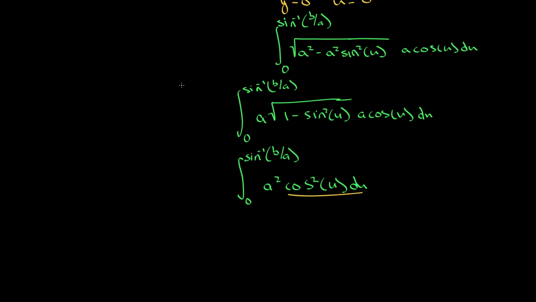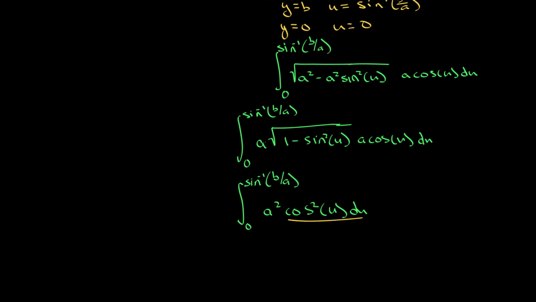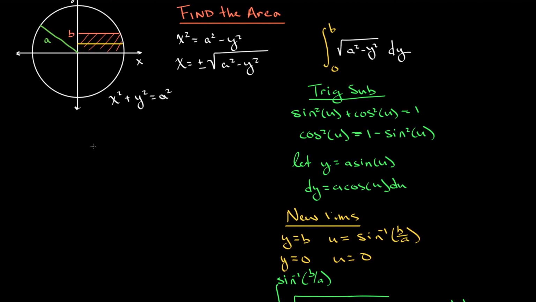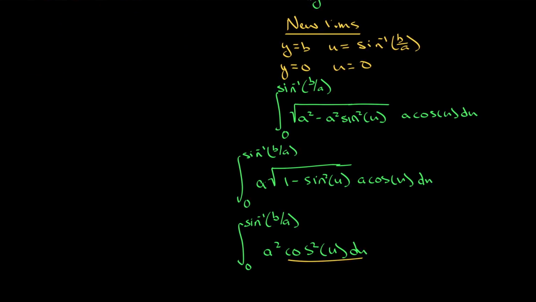So maybe we can scroll up a little bit, grab some space, and remind ourselves what cosine squared we could rewrite that as. So this is another trig identity. Cosine squared we know is 1 plus cosine of 2u over 2. So let's fill that in, and that should help us anti-differentiate.